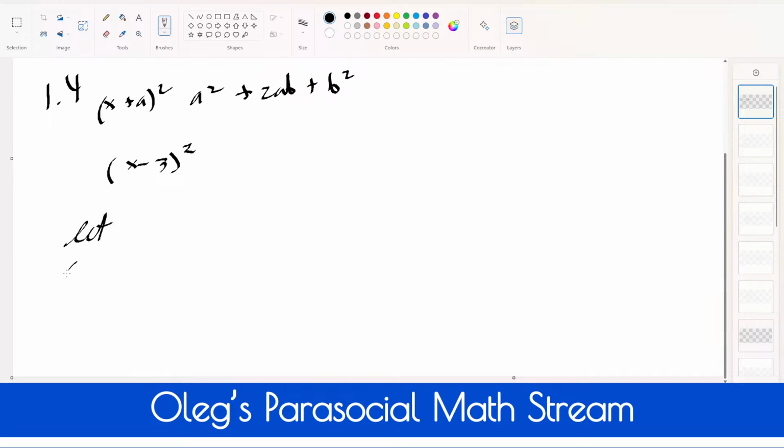Let a be equal to x and b equal to negative 3. So we have x squared plus 2 times negative 3x plus negative 3 squared. That gives us x squared minus 6x plus 9.